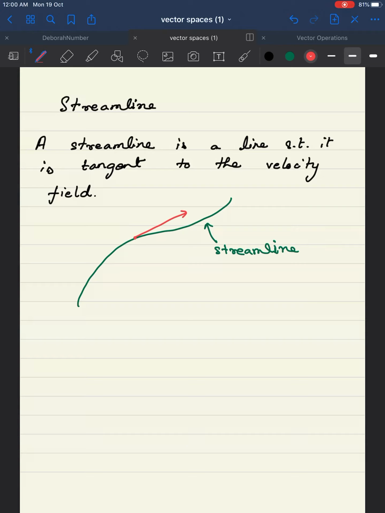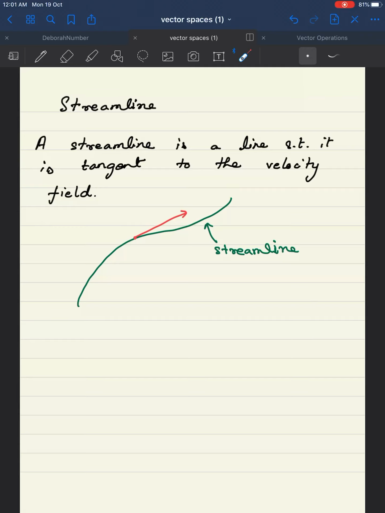So at every location the streamline is tangent, or the tangent to the curve, the streamline is coincident with the velocity field vectors, which means that there is no point on this curve where there is a normal direction of the velocity, right?